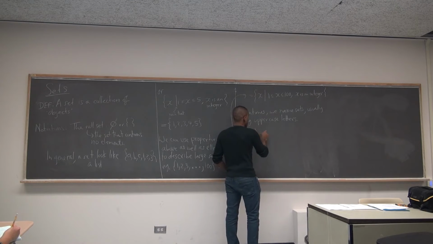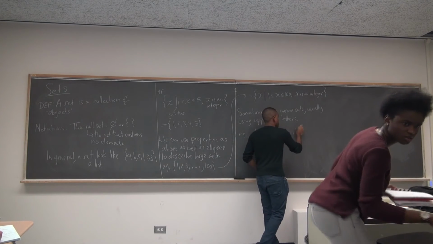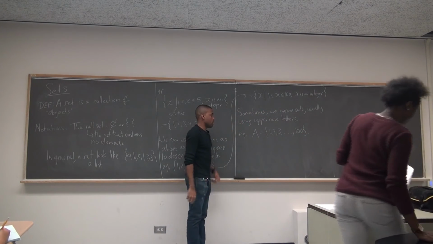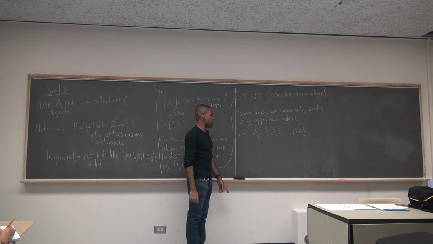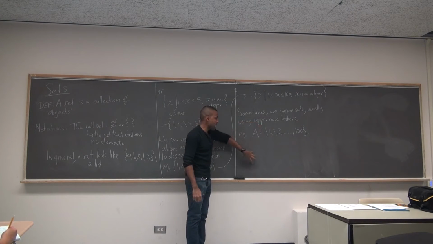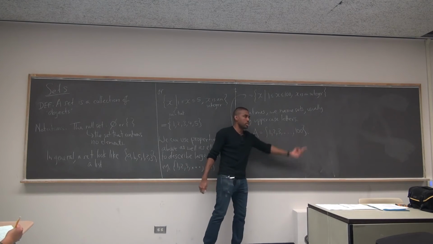Say A is the set 1, 2, 3. Every time from this point on, once I make this definition, every time you see me write A later on in that proof, you understand that I'm talking about this set, right?